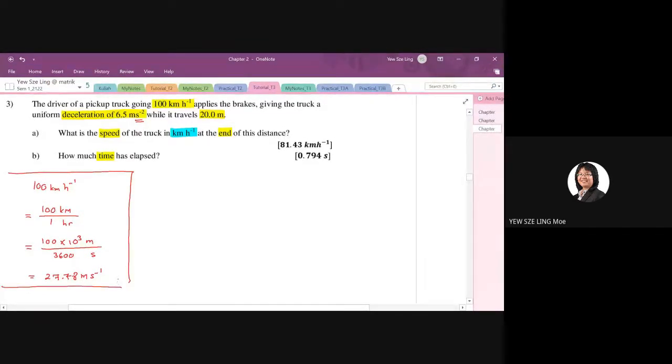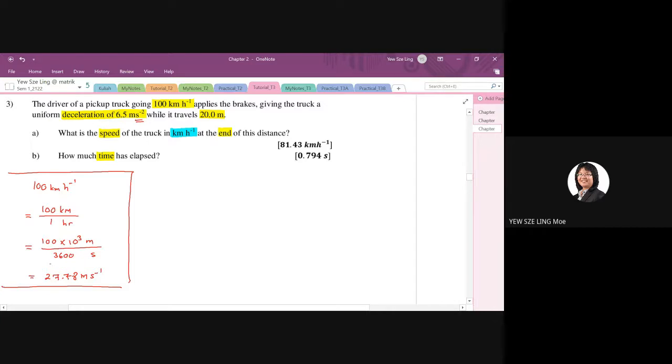So in a linear motion, you need to make sure every single variable has the same unit. All right, if you use km, then all of them must be in km. If you use hours, then all of them must be in hours. If you use meter, then you just change everything into meter. And usually I would prefer SI units.